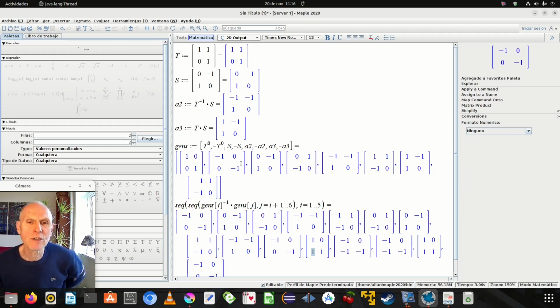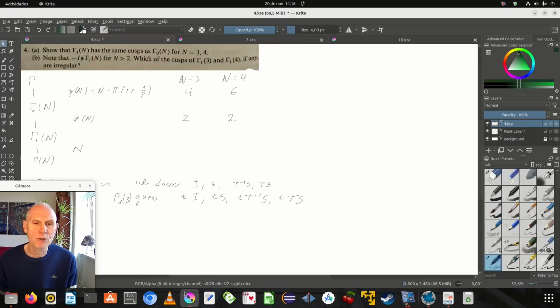So plus minus do the same. So we still have the cusps, only the cusps naught and infinity. So that was the case n equals 3, cusps naught and infinity.